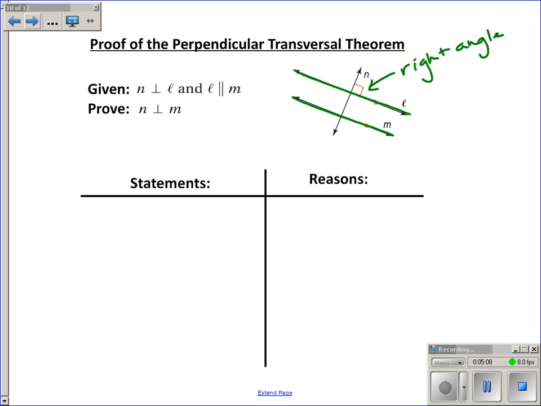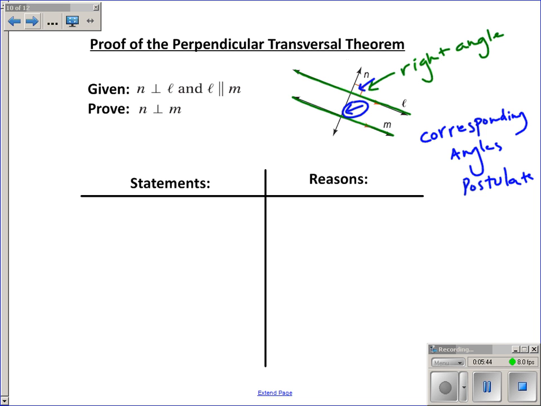Specifically, we're trying to say that this angle right here is a right angle. If you look at it, this angle and this angle are corresponding angles. So by the corresponding angles postulate, they must be congruent. In other words, this circled angle must be a right angle, and the lines N and M must be perpendicular.